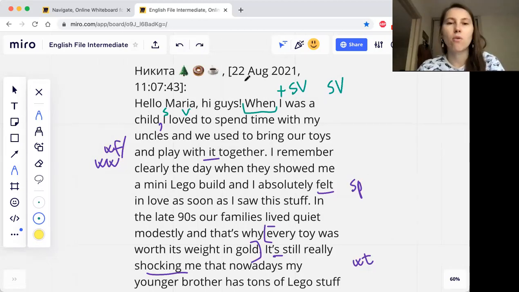Okay, when or before or after. Typically we use a comma here, or if. So any type of conjunction, сложно сочиненный союз.